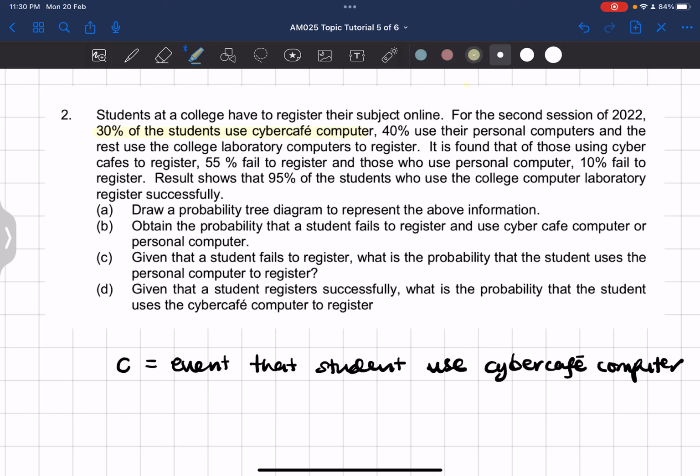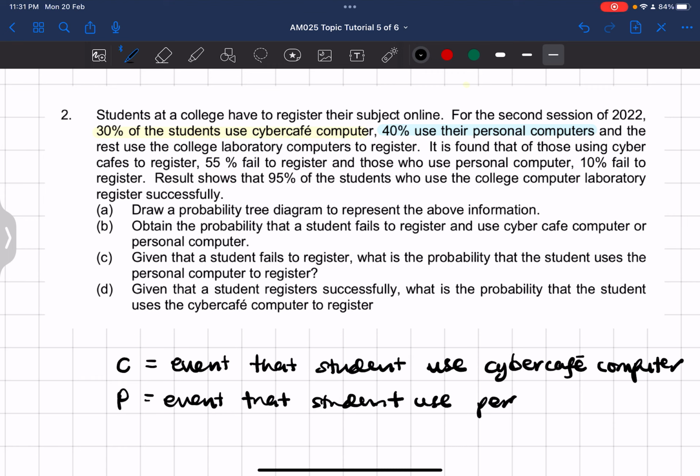The second event is 40% use their personal computers. So let's denote with P the event that a student uses a personal computer.